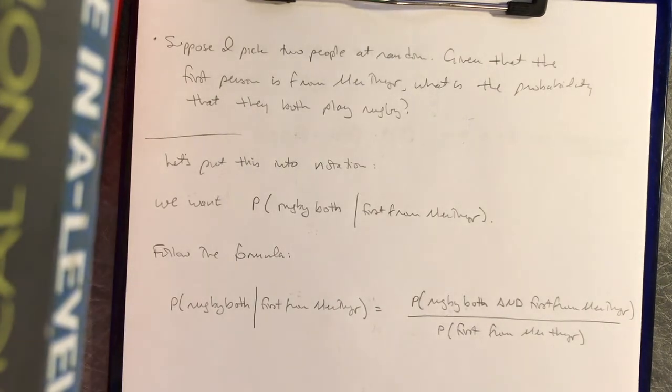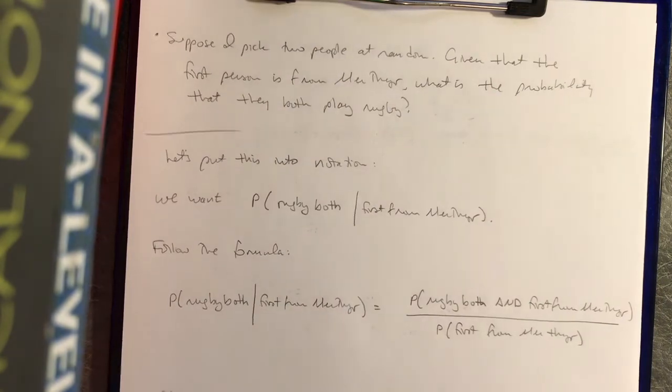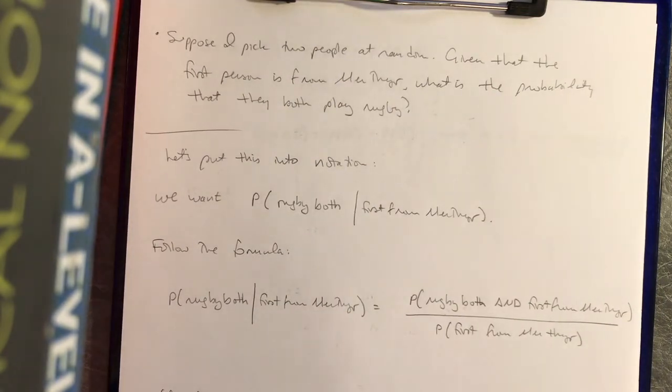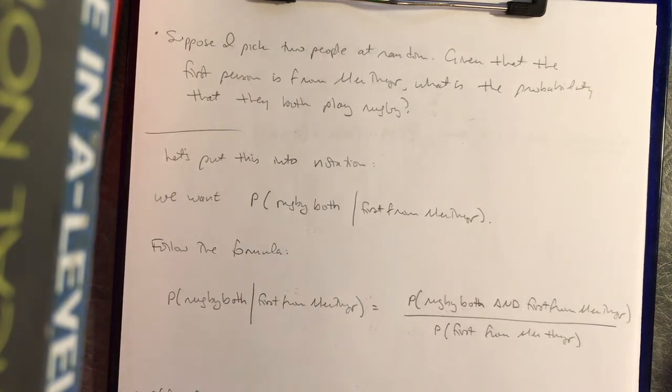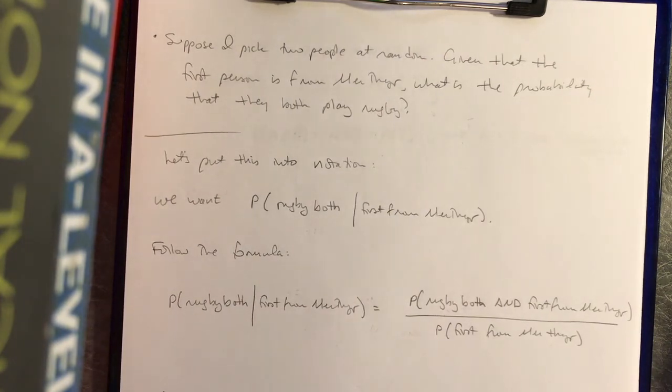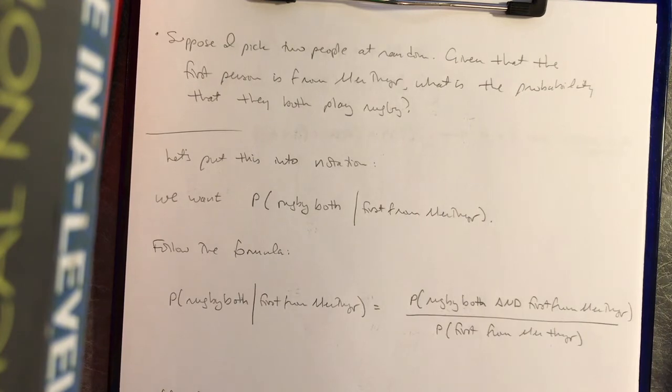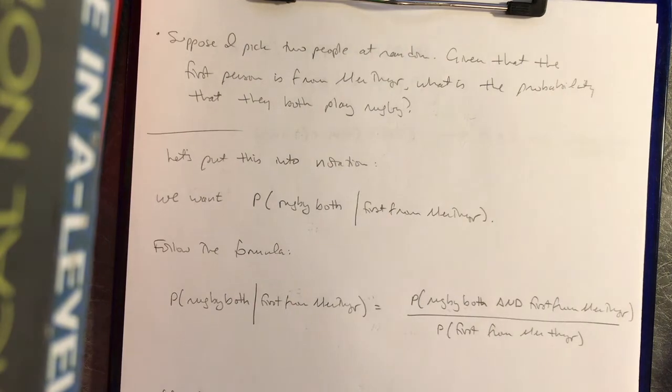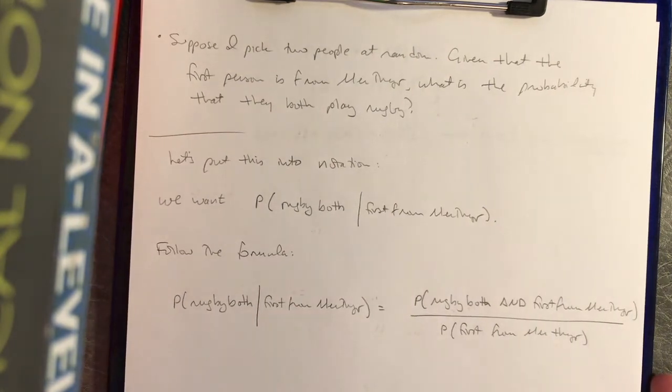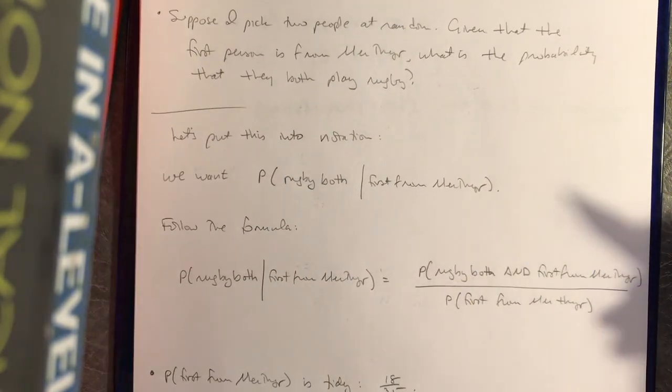But the saving grace with studying at A-level is that the questions that A-level books and exams ask, even if they look weird, we're still in the safety of the A-level playground. So there's a way to solve it with the tools that we have. And I find that very comforting sometimes when I look at a question and I'm like, what are they asking here?